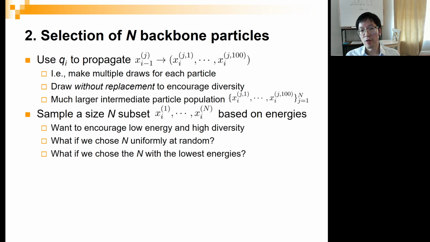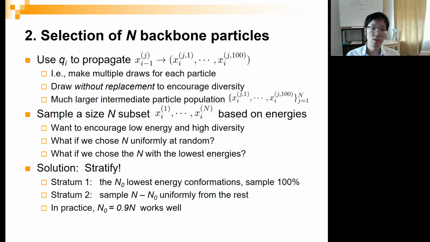But if, on the other hand, we simply choose the ones that have the lowest energies, these are not completed conformations yet, so we might miss out on conformations that could lead to low energy conformations after more sampling steps have been done.